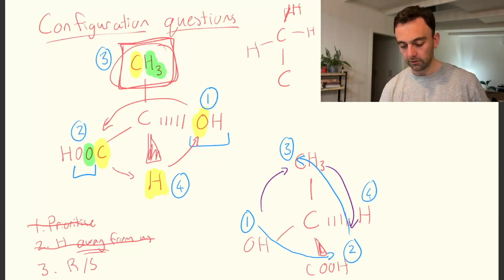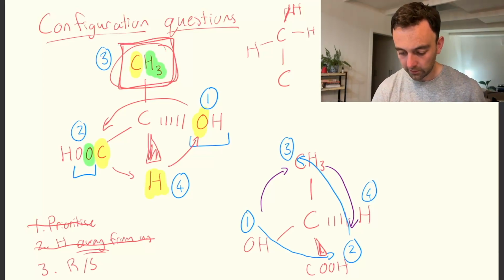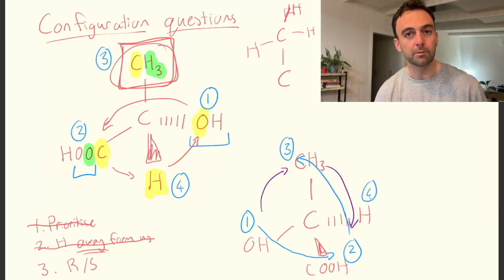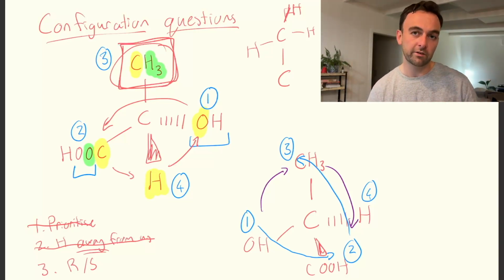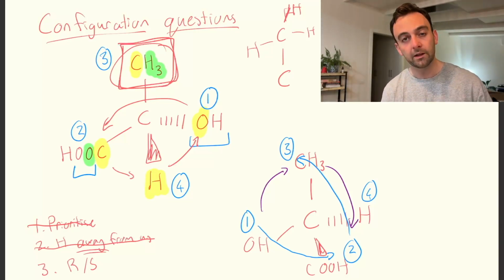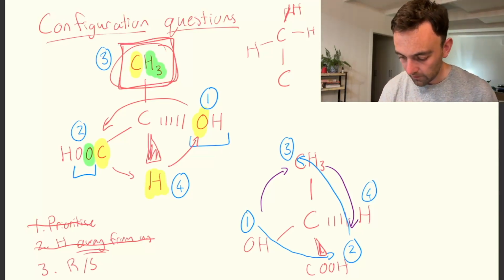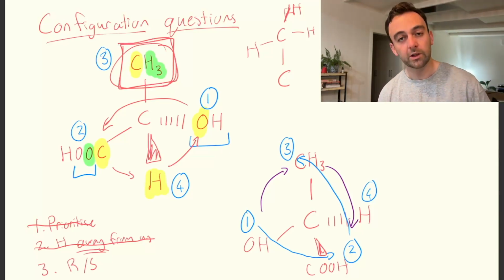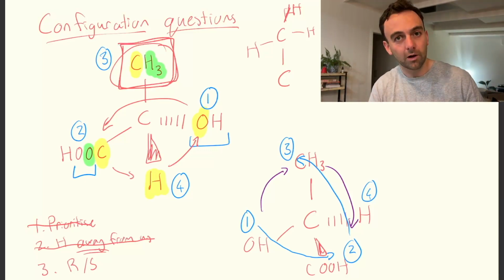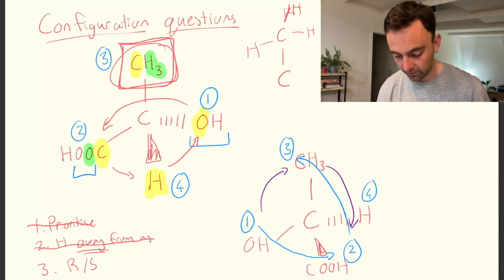So either left or right. I find that R is the easiest to remember because the R configuration is if they're going to the right. If they're going to the left, it's S. So remember R for right and then just reverse engineer it. Here we have these going to the left, so it's not right, so it's not R, so it's S. So this one here is an S configuration.